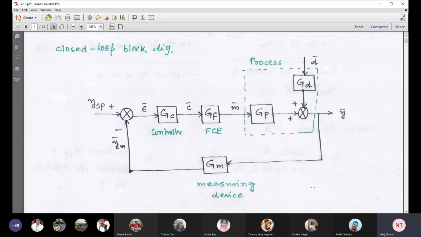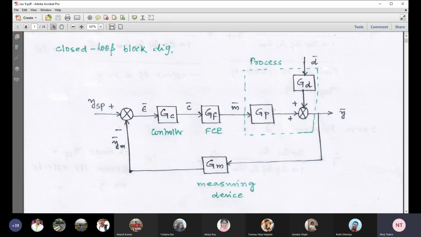So here GP is the transfer function of the process output Y with reference to M, the manipulated variable. And GD is the transfer function of the process output Y with reference to D, the disturbance variable or load variable.